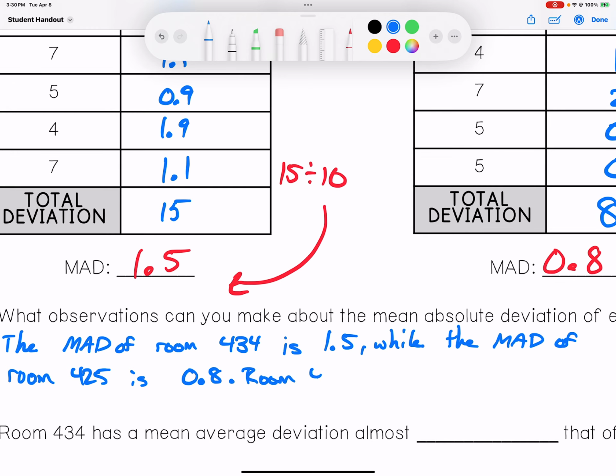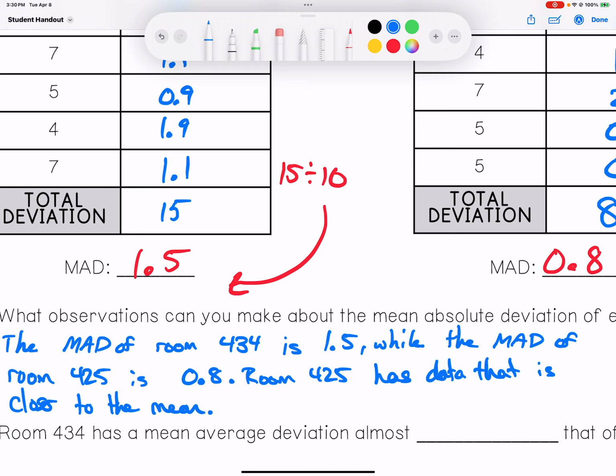Room 425 has data that is closer to the mean. There is more variability in room 434.